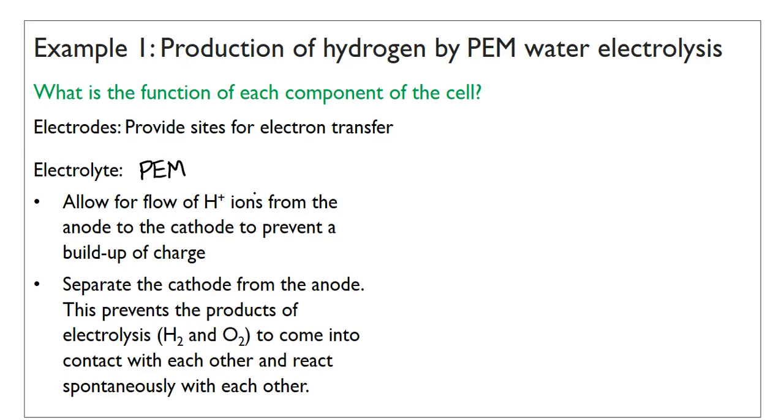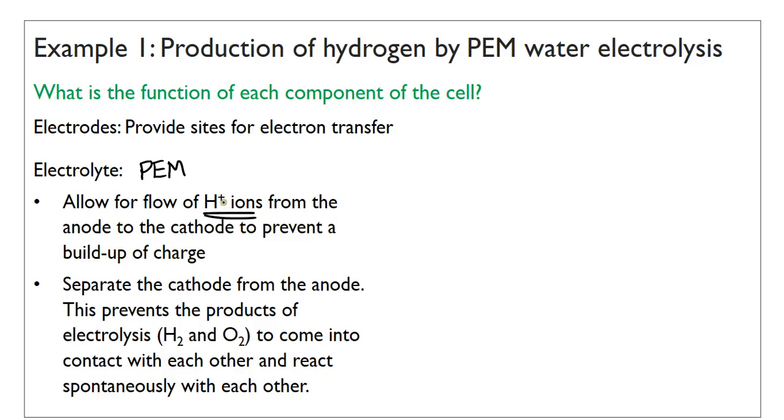However, when you answer this question, if I asked you, what is the function of the PEM? Your goal is to be as specific to the context that you are discussing as possible. So I don't want you to just say, allow ions to flow. I want you to tell me which ion, in this case hydrogen ions, and where is it going. So allow for the flow of hydrogen.